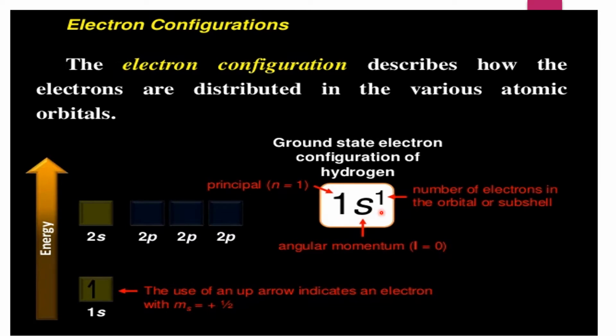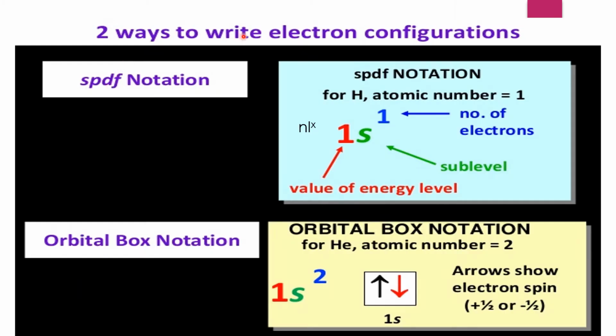So remember that electronic configuration means it is distribution of electrons in shells and subshells. And what is this 1s1 and what are all these 2s2p1, how it is done, we'll see further. There are two ways to write electronic configuration.